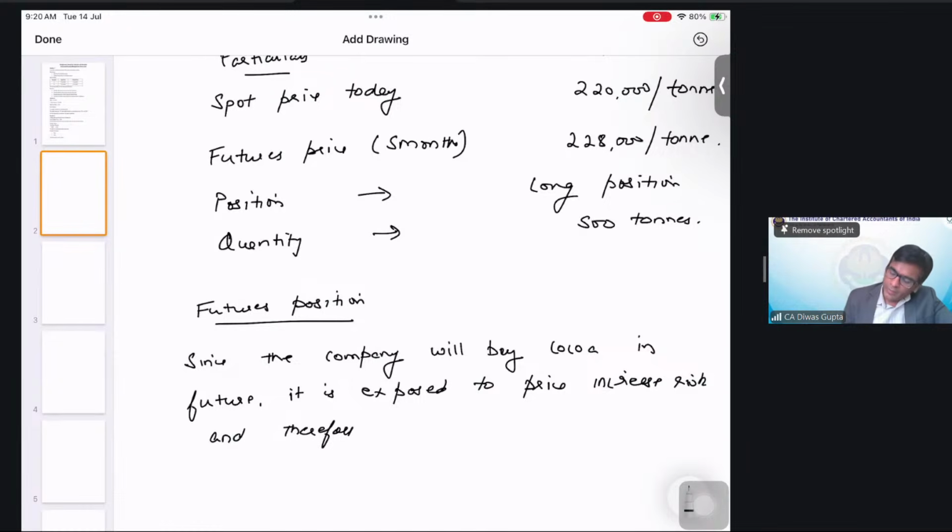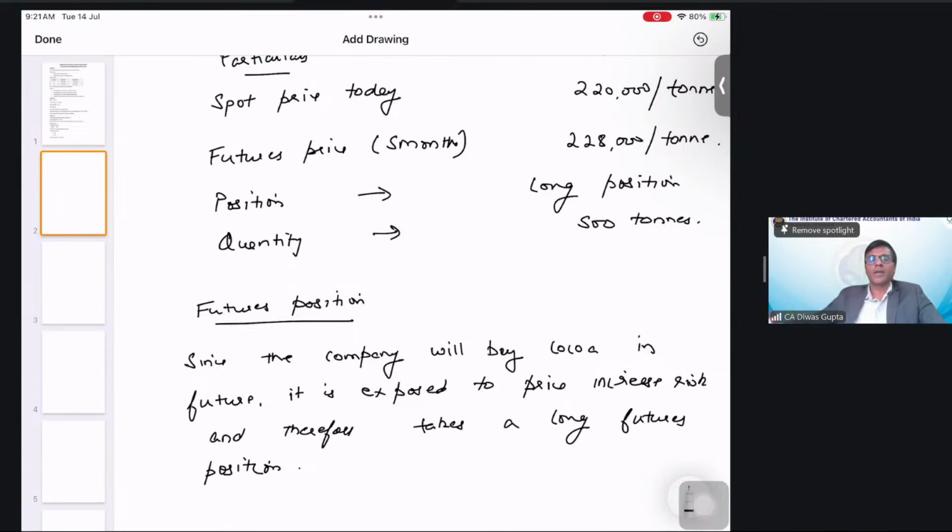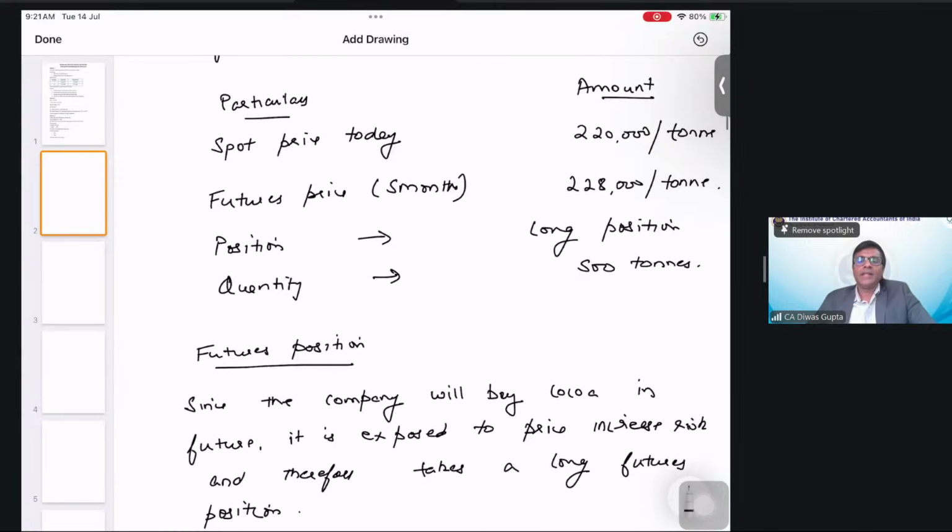And therefore takes a long futures position. So this actually summarizes that the price risk exposure is that tomorrow the prices might go up, and hence the company is exposed to higher price increase risk, therefore it takes a long futures position.